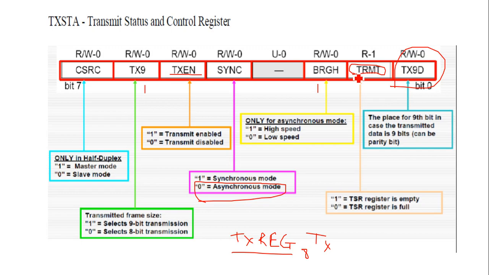When data is written into TXREG to transmit through the TX pin, we cannot send the data directly through the TX pin. First of all, we have to store or latch that data into the TXREG register. When you write data into TXREG, it is fetched into a register called the TSR. TSR is the transmit shift register.